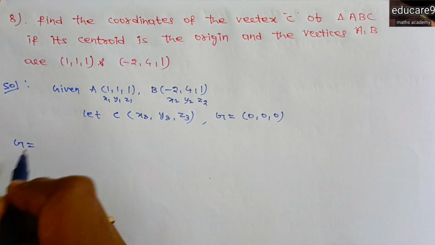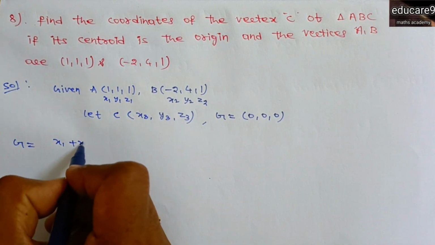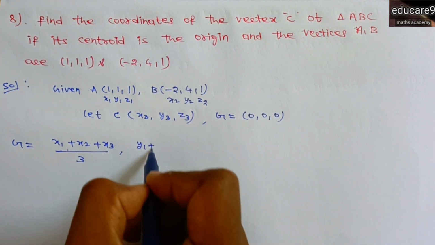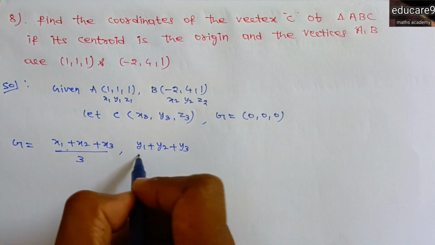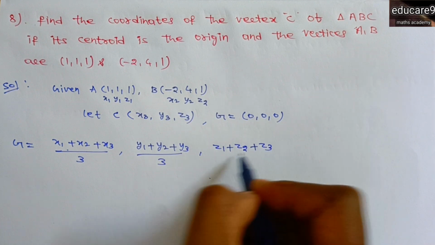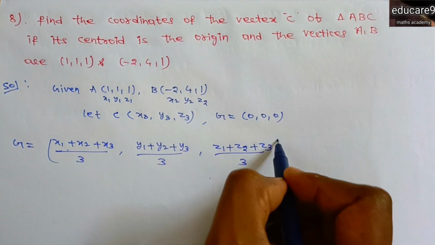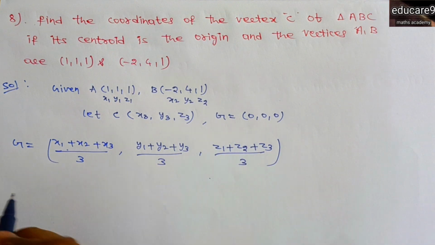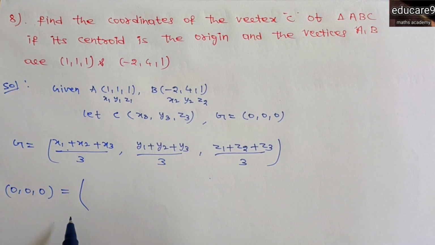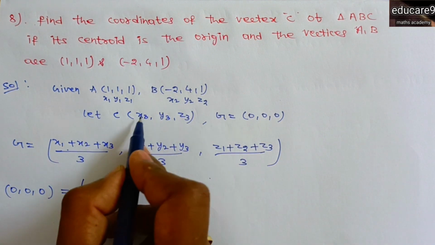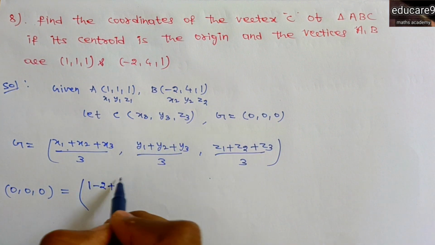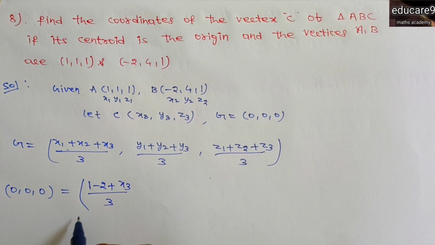So here we know that the centroid formula G is equal to x1 plus x2 plus x3 by 3, next y1 plus y2 plus y3 by 3, next z1 plus z2 plus z3 by 3. So the given centroid is the origin, that is 0, 0, 0, which is equal to, adding the x coordinates, x1 plus x2 plus x3. x1 is 1, x2 is minus 2, x3 only, divided by 3.